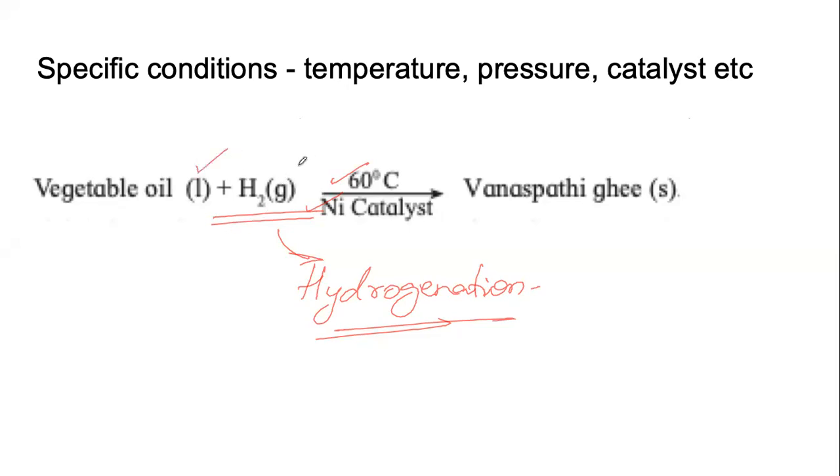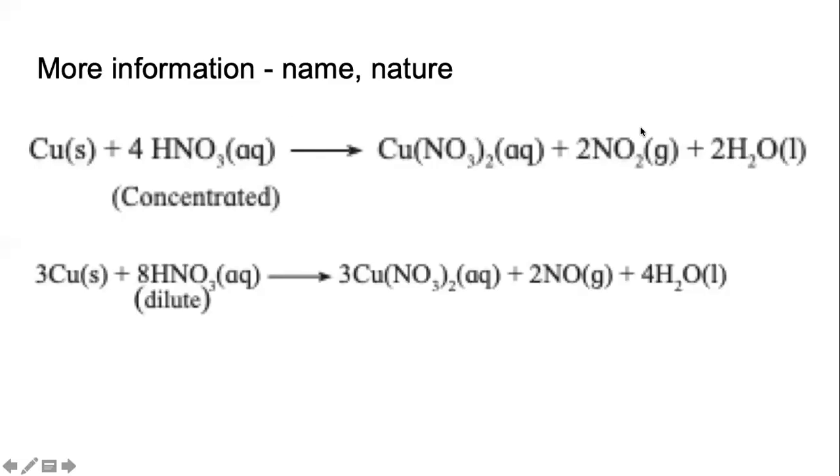See, we have the state, the special temperature, and the catalyst information written in a simple equation format. More information can be included with the equation, like the names of the reactants and the products, and the nature of the reactants and the products. This is a very nice example from your textbook.